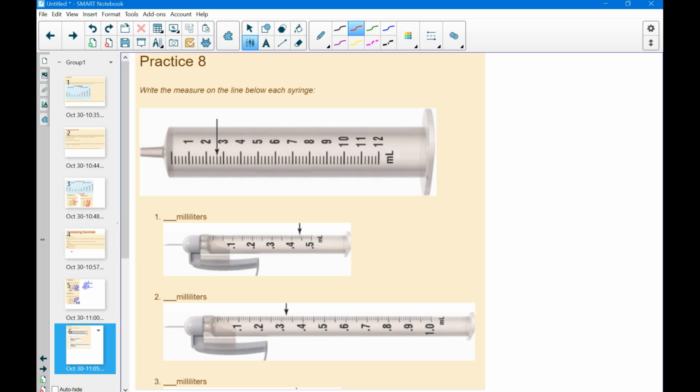If I have 2, this is 2.1, 2.2, 2.3, 2.4, I only get to 2.5. So each one of those can't be 0.1 because it's too small. How about this one here? If I have 2.2, 2.4, 2.6, 2.8, 3. So each one of these little dashes is worth 0.2 mils.